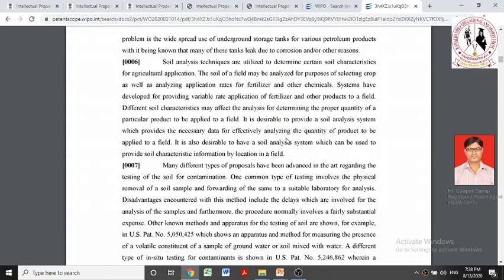For example, in paragraph number 6, if you'll see, he has already shown that soil analysis techniques are already known in the art, already known in the literature, but they have some problems, they have some issues, and that is what he has cited.